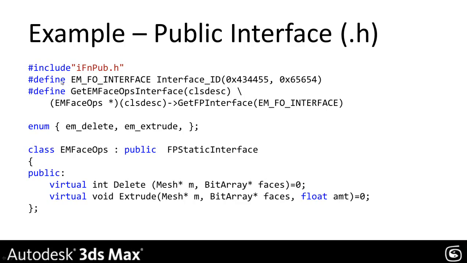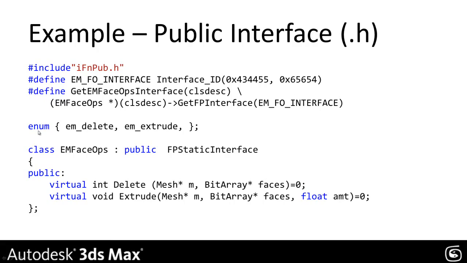So the first thing you do is define the interface, and then you would typically define some way to access the interface. So this is just saying, okay, this thing called get em faceops interface is really get the function publishing interface defined here from its class descriptor and return it as the type that it's really defined as.